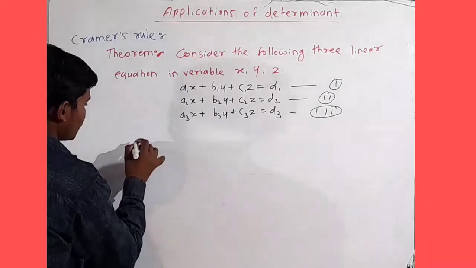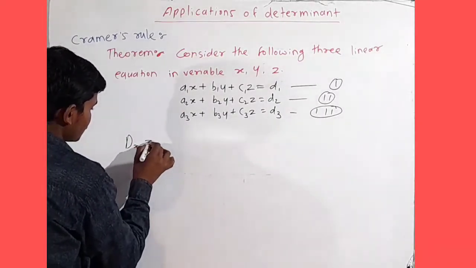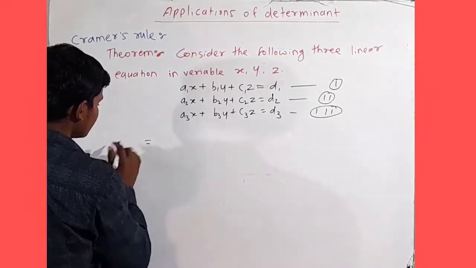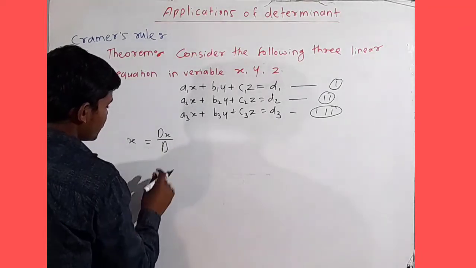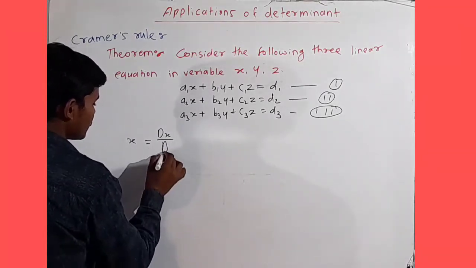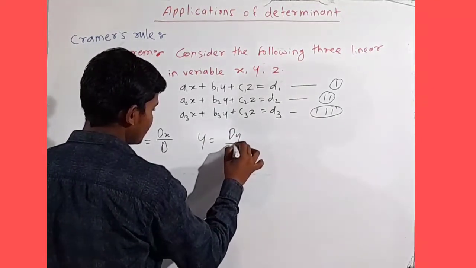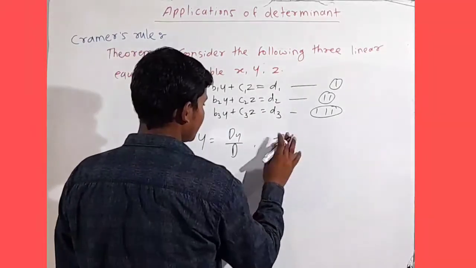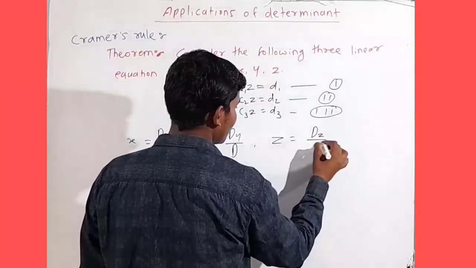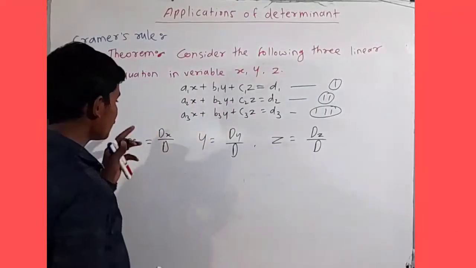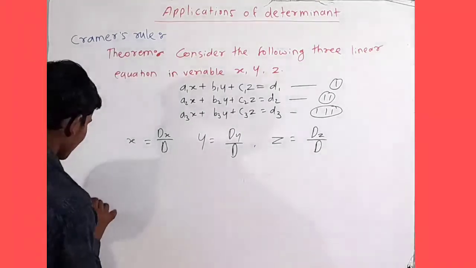So we directly write x equals dx by d, y equals dy by d, and z equals dz by d, and the values of dx, dy and dz are as follows.